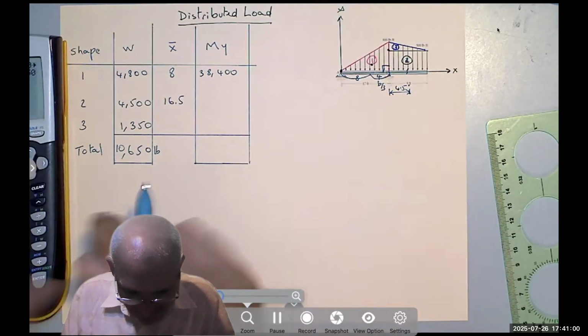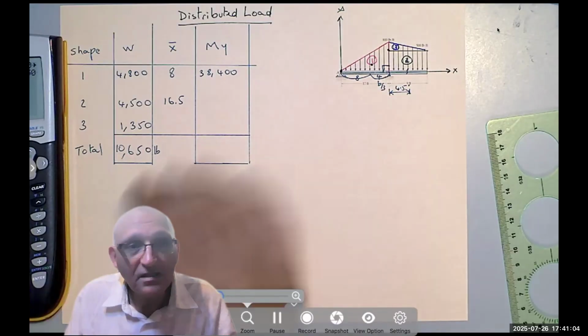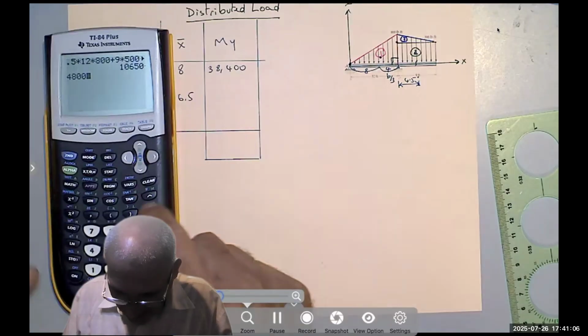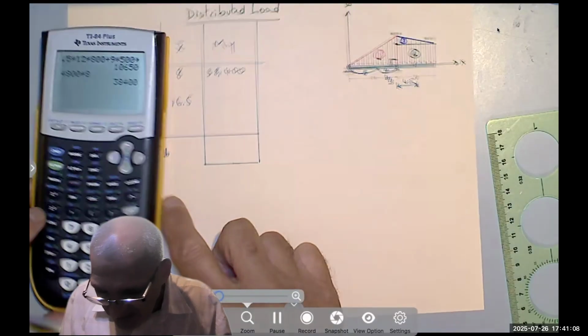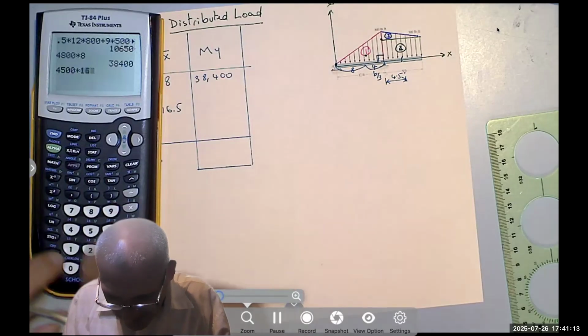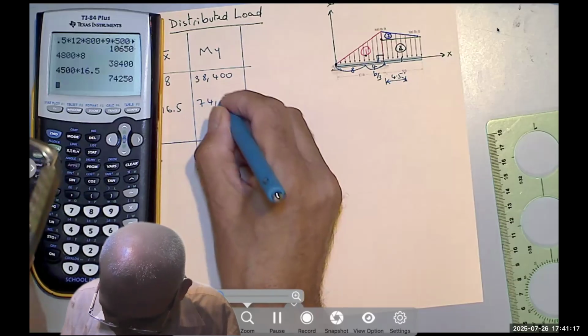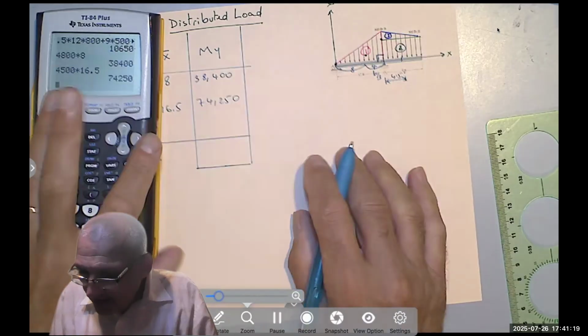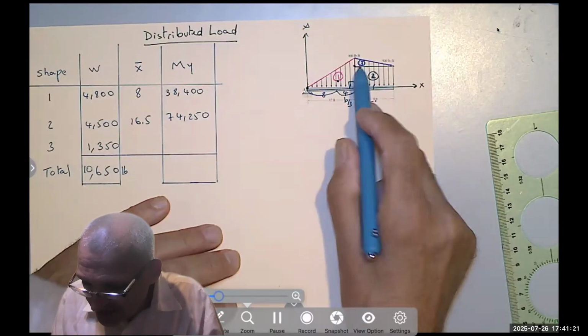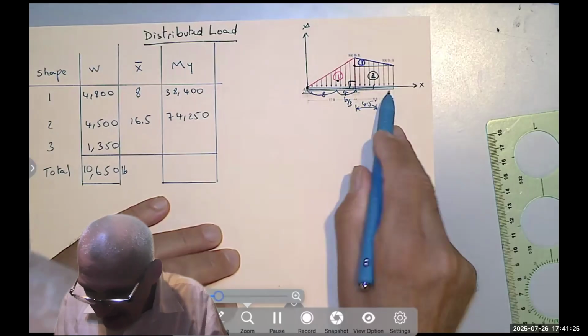So let's do that. First of all, 4,800 times 8, and then 4,500 times 16.5. We get 74,250. And finally, I have another triangle whose base is 9.